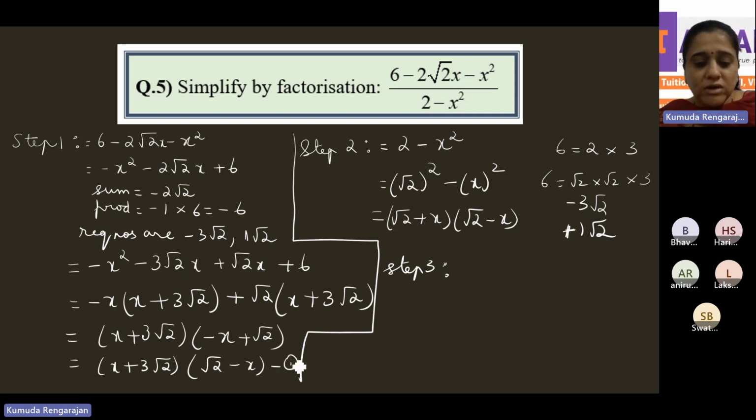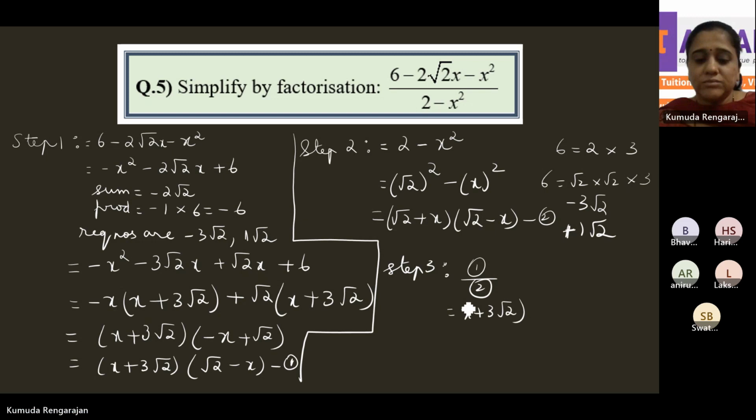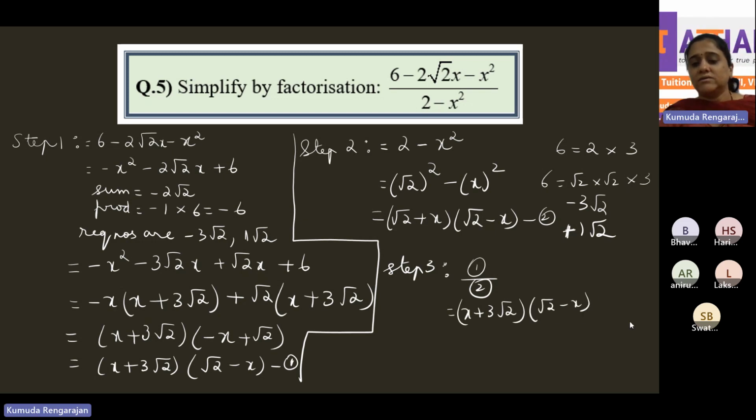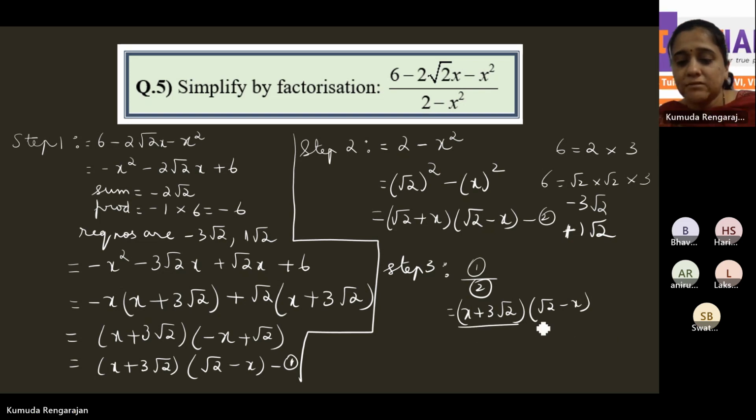In step 3, we'll do step 1 answer divided by step 2 answer. Step 3 is this answer 1 divided by the answer in 2. So what do you get? X plus 3 root 2 into root 2 minus x divided by root 2 plus x into root 2 minus x.